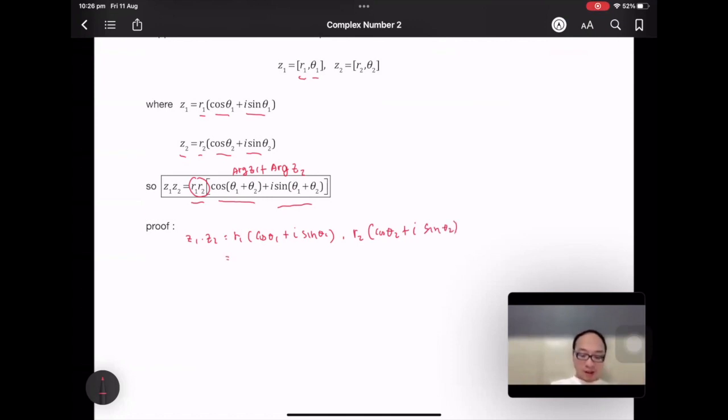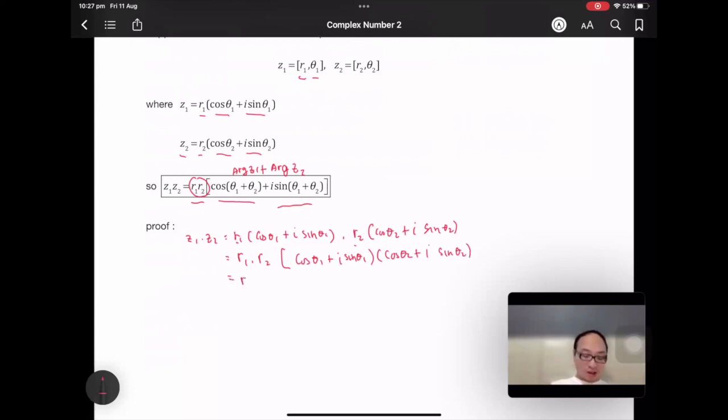I can just multiply r1 and r2, and then I will have (cos theta1 plus i sin theta1) multiplied with (cos theta2 plus i sin theta2).